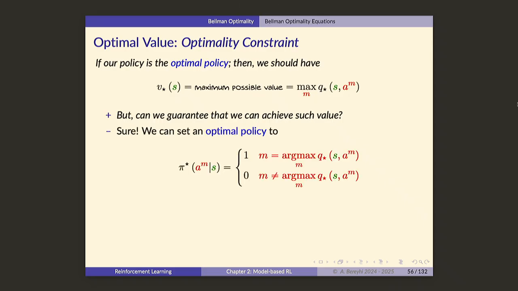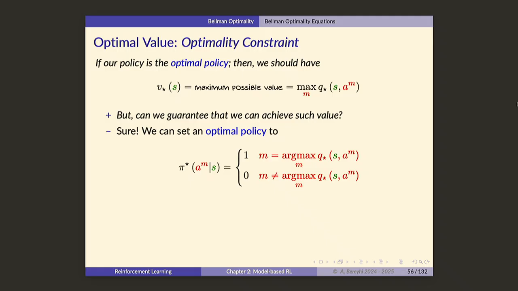You can definitely write down the optimal policy. What is the optimal policy at every single state? As long as I know the action value function, I'm going to do the action which gives me the maximum action value, right? If I do that, then that pi is going to be 1 exactly at the action whose action value is maximum, right? And my value is going to be exactly the maximum action value.